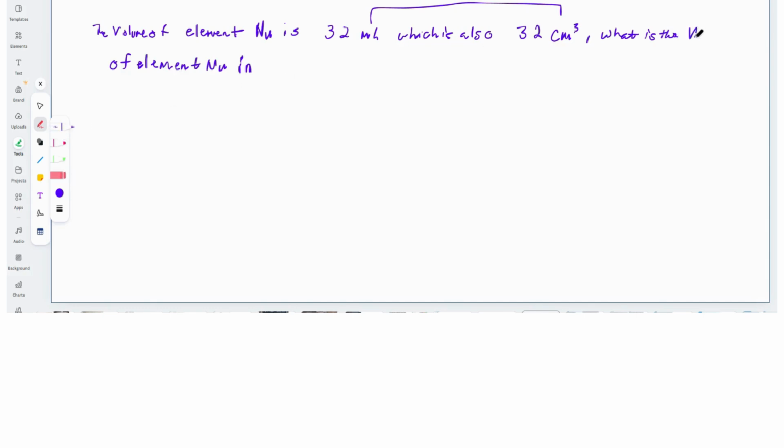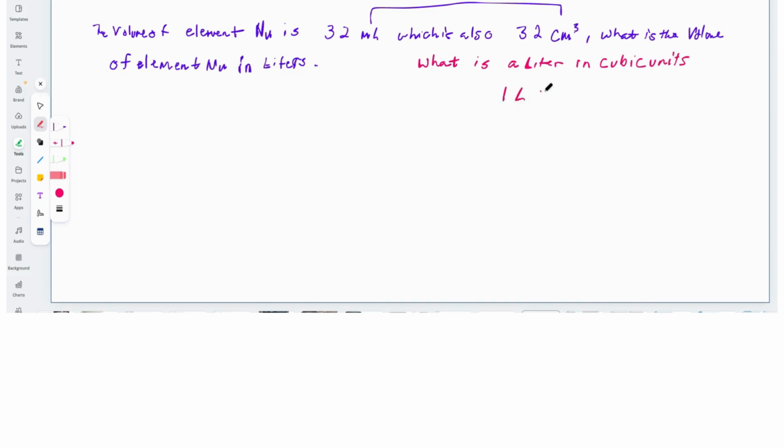What is the volume of element nu in, think of a random one, in liters? So what is liters, right? First we have to understand, this is the question, the keystone, what is a liter measurement in cubic units?